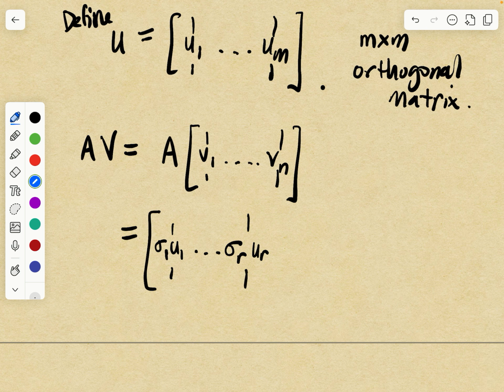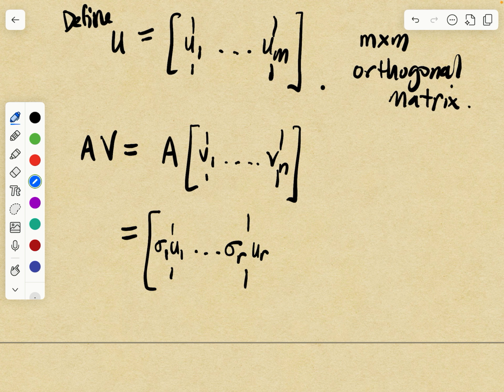And what about the rest? The V1 through VR are the vectors such that A times VI is not 0.